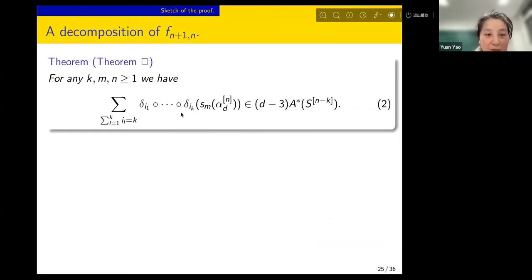The theorem is about the deltas. So now we don't have F, because we decomposed the F. Now with delta, we ask this. We have this lower index at 2pk, which is equal to the number of the deltas. This one belongs to the d minus 3 times this Chow ring.